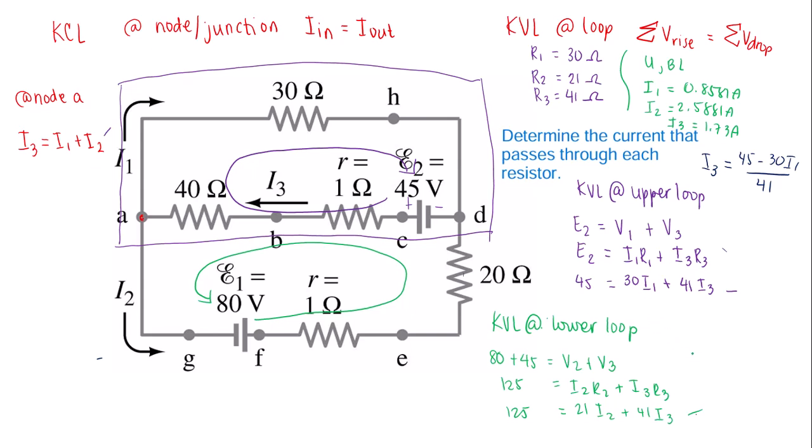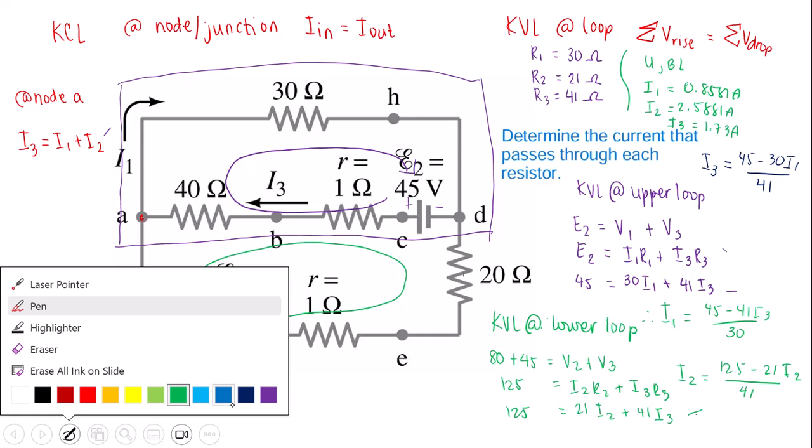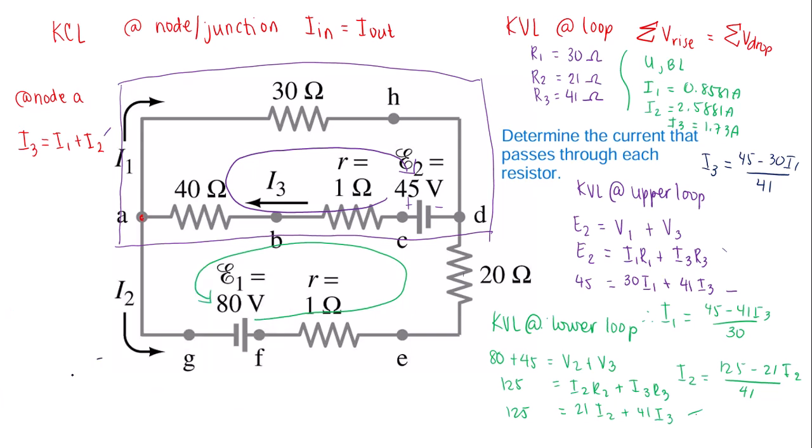So here we have to express this I1 in terms of I3. We have 45 minus 41 I3 over 30, and this will be 125 minus 21 I2 over 41. And then do the algebra we have here.